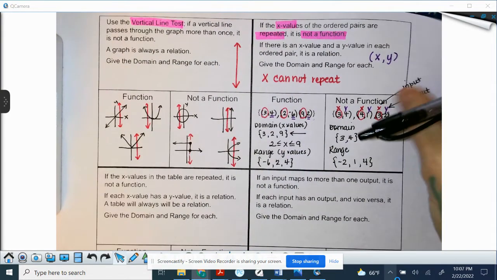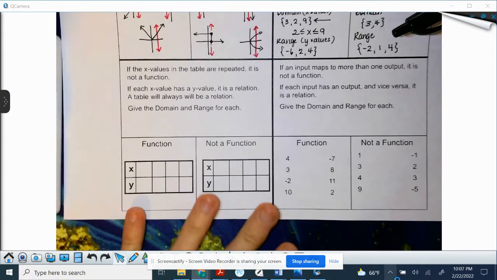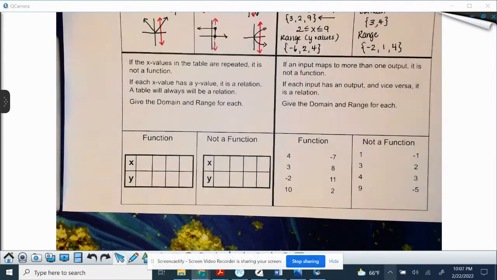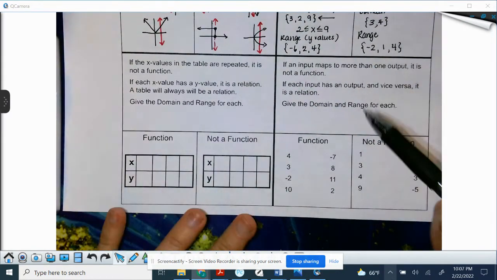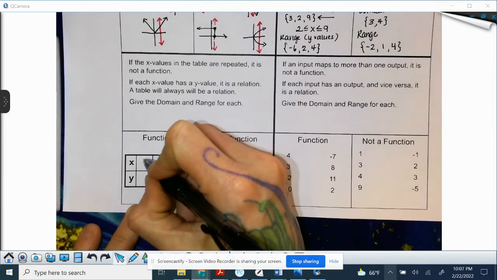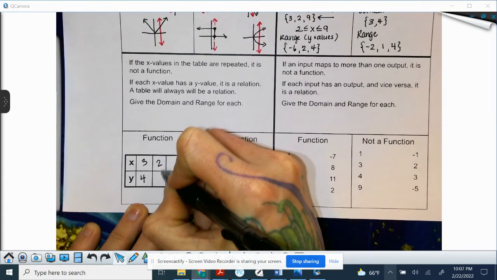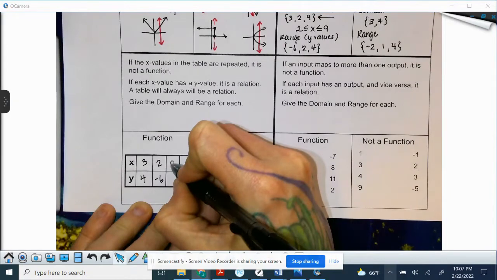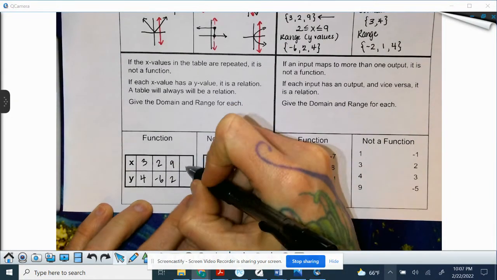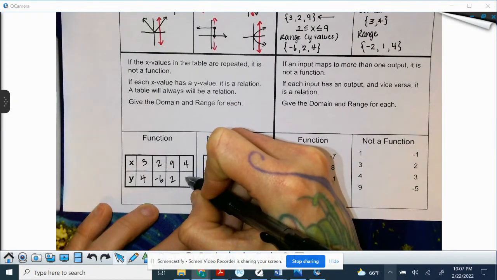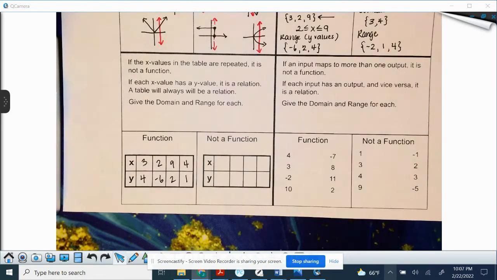All right, so if the x values in a table are repeated, it is not a function. It's the exact same thing as your coordinates, because tables really are coordinates. So if I took the ones that we had up here before, we had 3, 4, 2, -6, 9, 2, and then we'll do 4, 1. So a function, again, as long as x does not repeat, then it is a function.